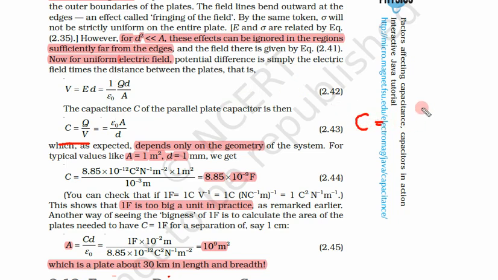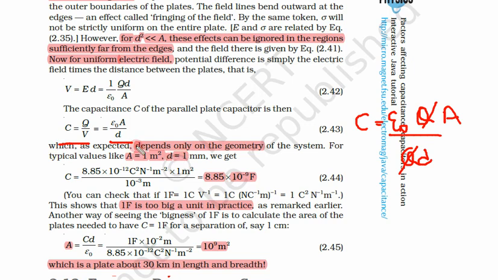C is equal to Q upon, what is the value of V? 1 by epsilon naught, so this epsilon naught goes upwards, this Qd goes downwards, and A also goes upwards. Q and Q cancel out, so this is simply epsilon naught A upon d.